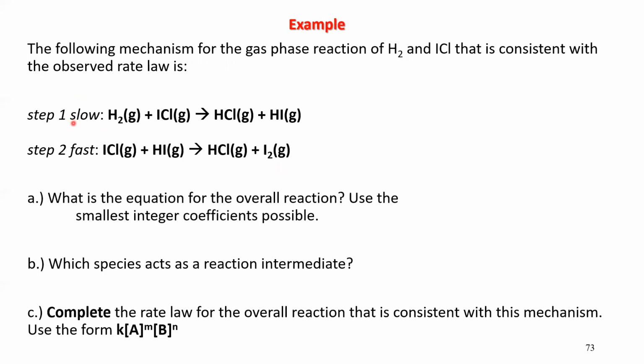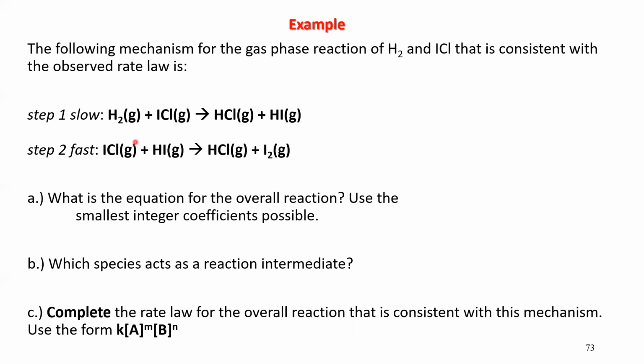Okay, well, we want to figure out a couple of different things. The first thing, it doesn't give us the overall reaction like it did on the last slide. So we want to figure out what the overall reaction is. And whenever we do that, the coefficients in that reaction are always the smallest integers. So in other words, we want to add these two steps together.